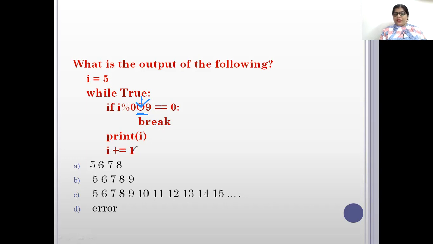Then I plus 1 means now I becomes 6. Now 5 is printed, then 6 is printed. In the same manner, it moves until this condition remains true.